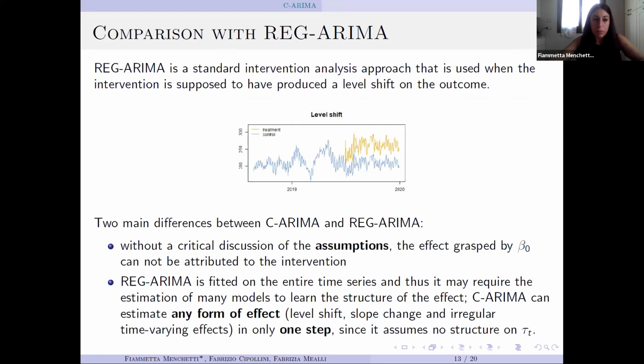However, what's the main difference between this approach and ours? Essentially, you have to be right about your assumption, this level shift assumption. If you're not right, you can of course check the model adequacy by running some residuals analysis, for instance.